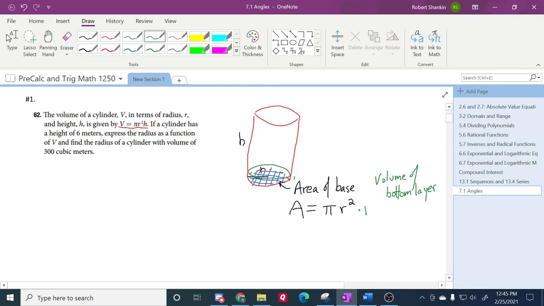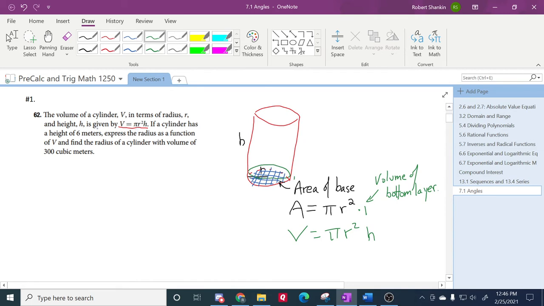And then how many different layers are you going to have? h layers. So if you take this pi r squared, and now it's not just a 1 but h layers, you get the volume of the whole. And so that's a little insight into this formula here.